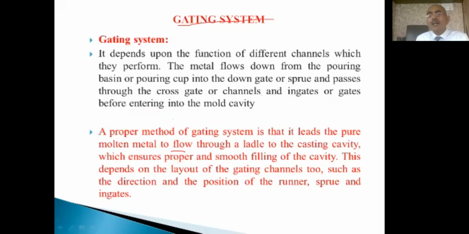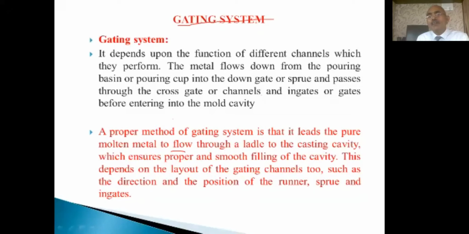So whatever impurities come along with the metal can settle down at the bottom in the well, and then it will move from the well 90° to the horizontal direction in the runner, and from the runner further to the ingates.